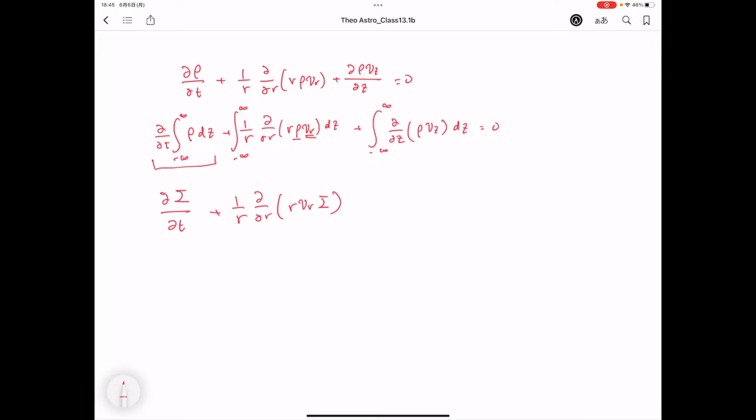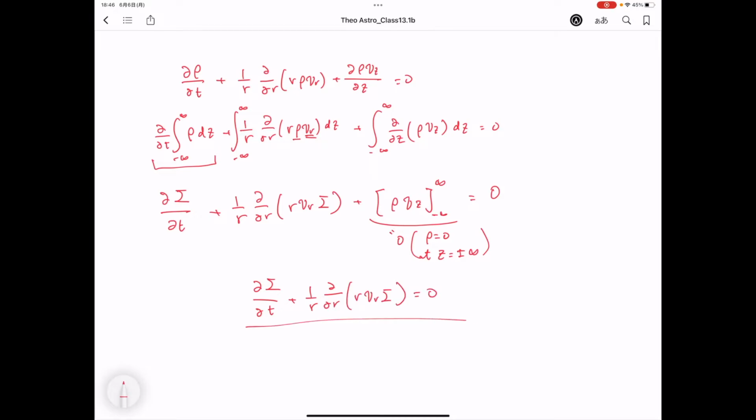The last term is equal to 0, because rho equals 0 at z equal plus minus infinity. So the third term is 0. The equation of continuity is expressed as partial Sigma over partial t plus 1 over r partial over partial r of r v sub r Sigma equals 0. This is the equation of continuity in two-dimensional motion.